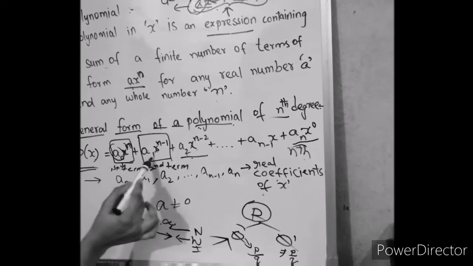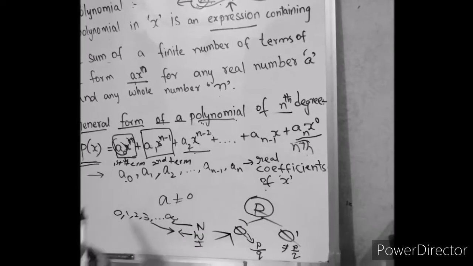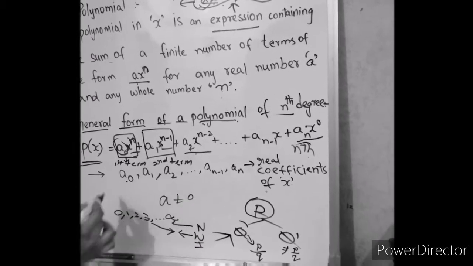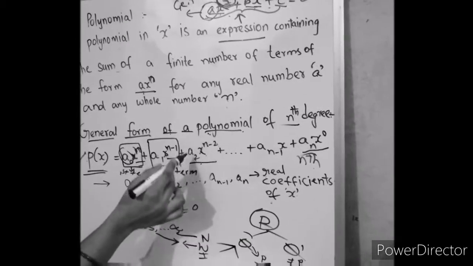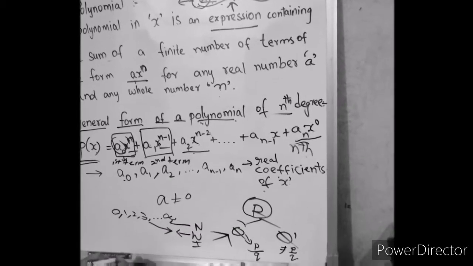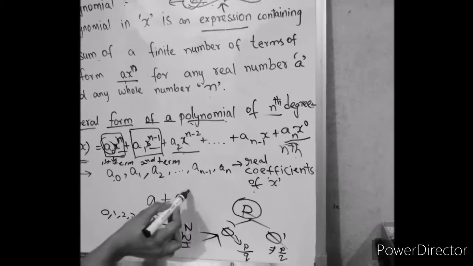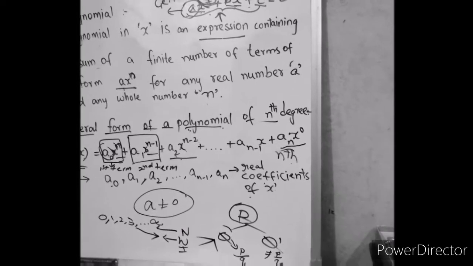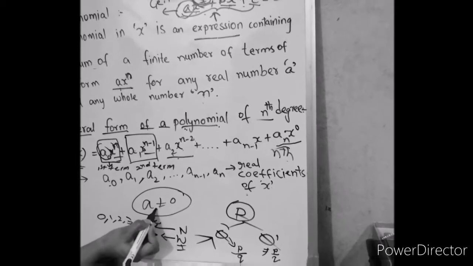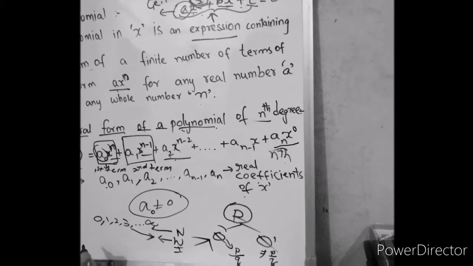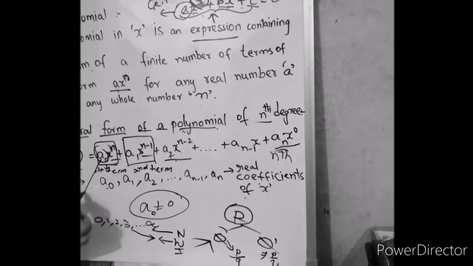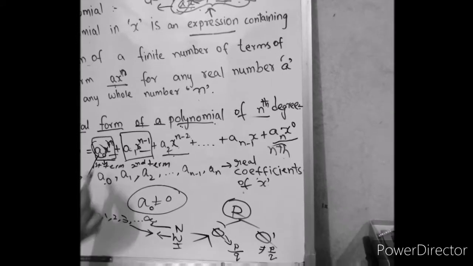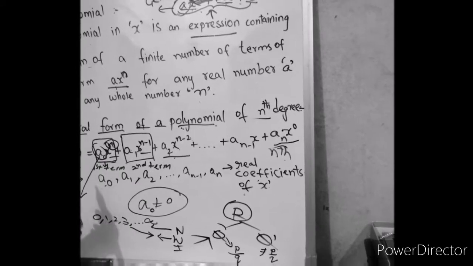Therefore we are going to call this a constant, and all the others, a naught, a1, a2, an minus 1, are the coefficients of particular terms, like x power n minus 1, and so on. And particularly, a naught must not be equal to 0, because if this is 0, then we will not call it an nth degree polynomial.